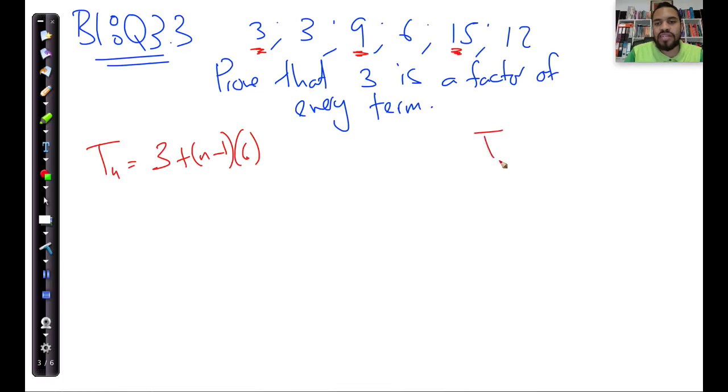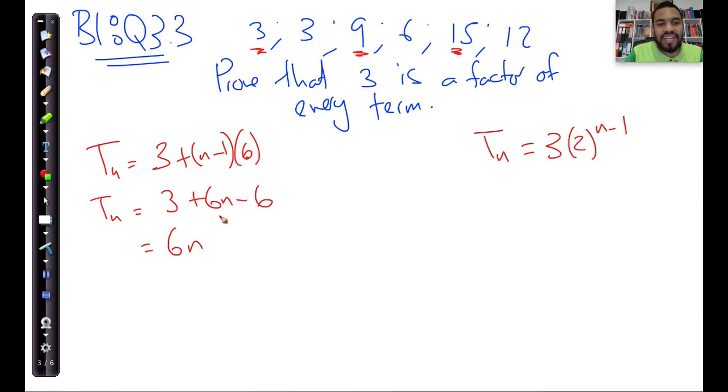The geometric terms were Tn is equal to 3 into r, which was 2 to the power of n minus 1. So let's see, what can we do with this? Sorry, that is a 6. Well, Tn is equal to 3 plus 6n minus 6. Let's simplify that. That is just 6n minus 3.